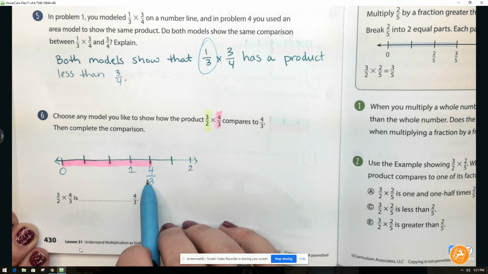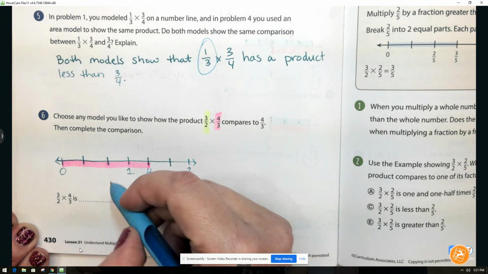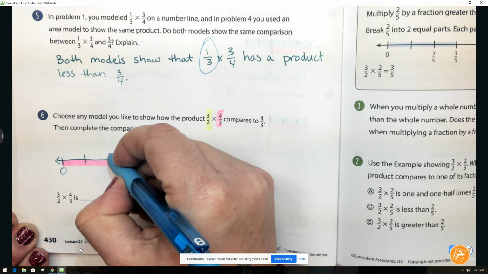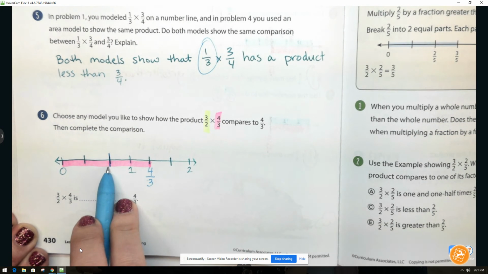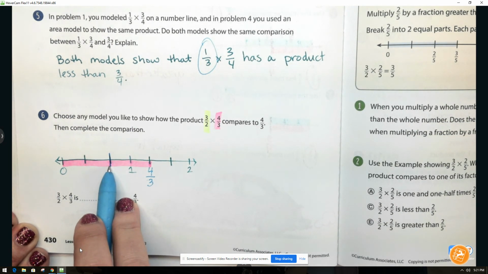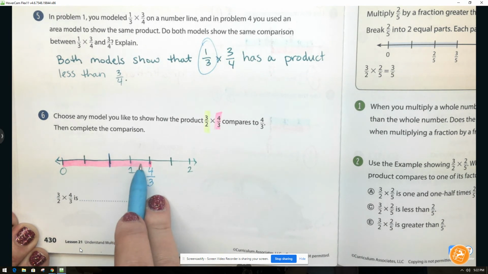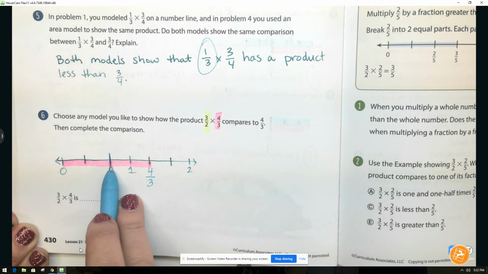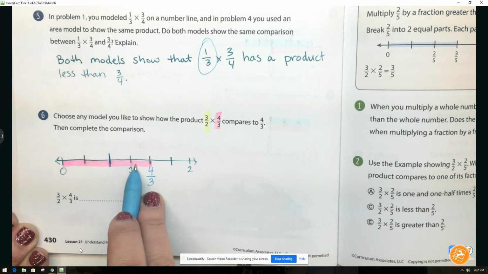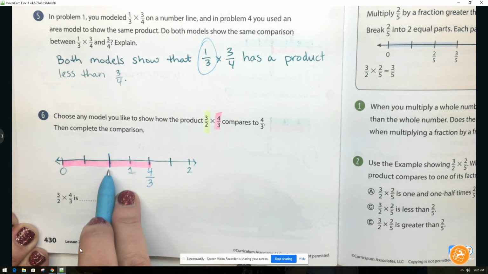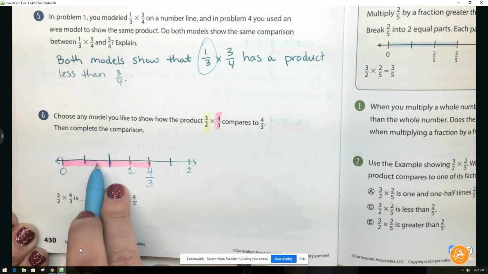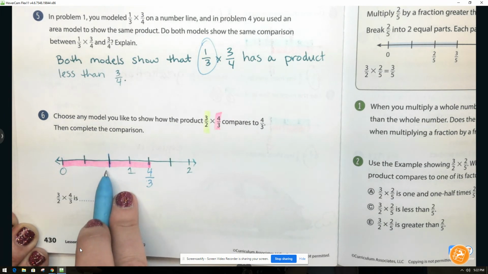Now, I want to know what 3/2 of 4/3 is. If I look at 4/3 and cut 4/3 in half, that line right here is half of 4/3, because there are 2 sections between 4/3 and the halfway mark, and 2 sections between 0 and the halfway mark.